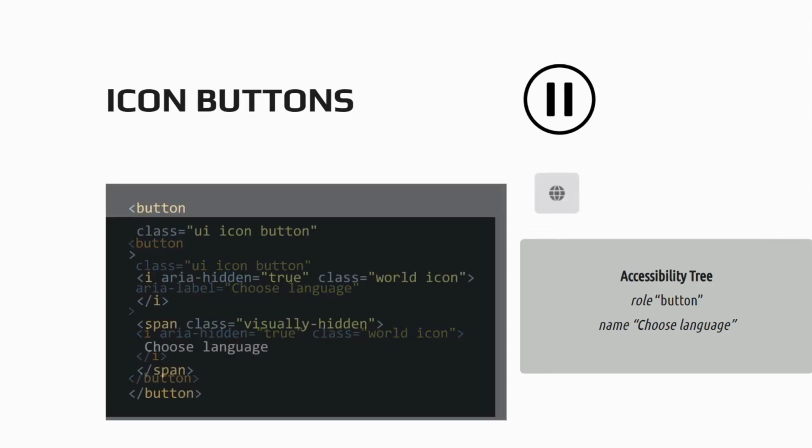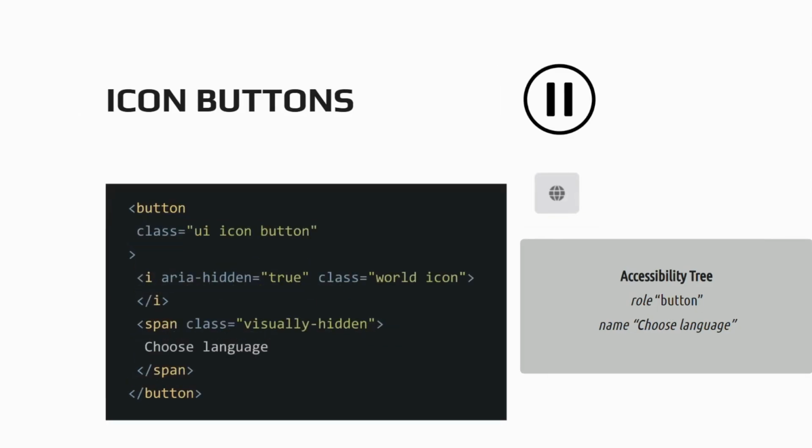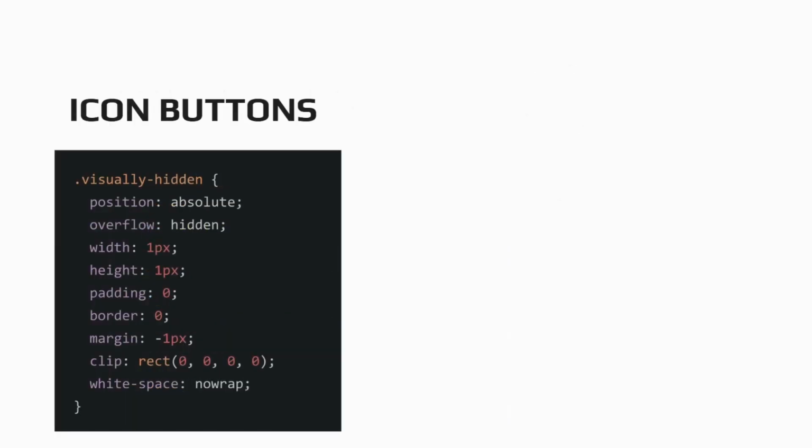Best of the best approaches is to use a span and add it as a text, but then use class visually hidden or SR only. You write kind of a CSS snippet where you hide it from the visual UI, but it still exists in your accessibility tree.